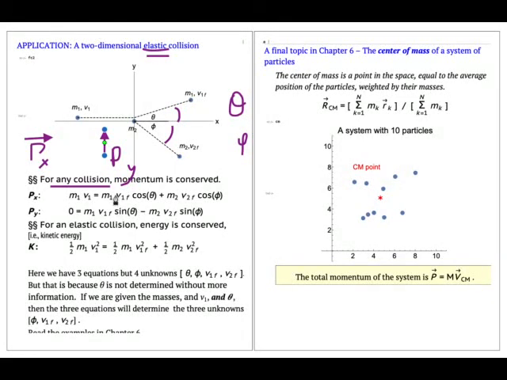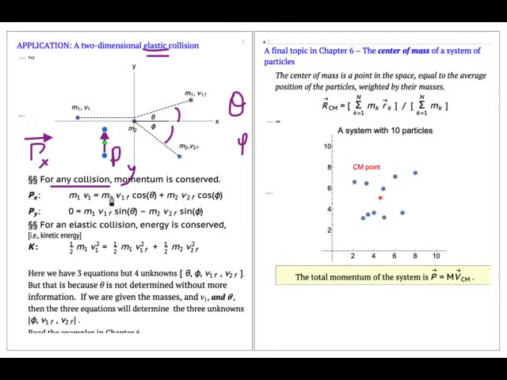Now that's the y component. What about the x component? Well, initially, all the momentum belongs to mass m1. So the momentum before the collision is just m1 v1. But then after the collision, both particles will have some x component of momentum.